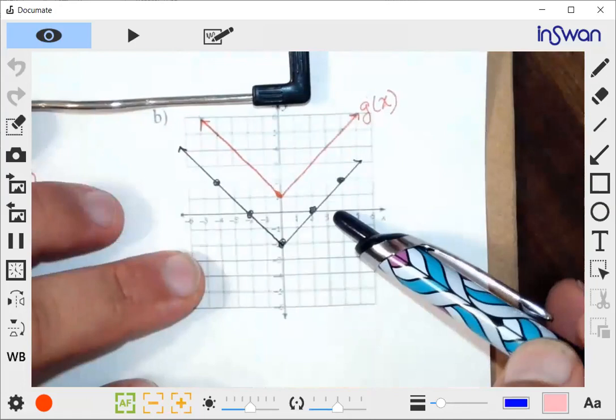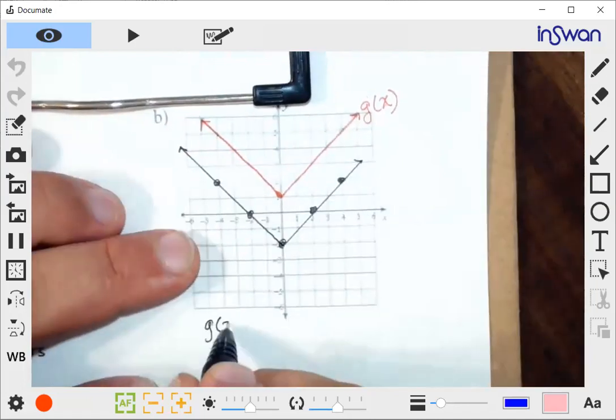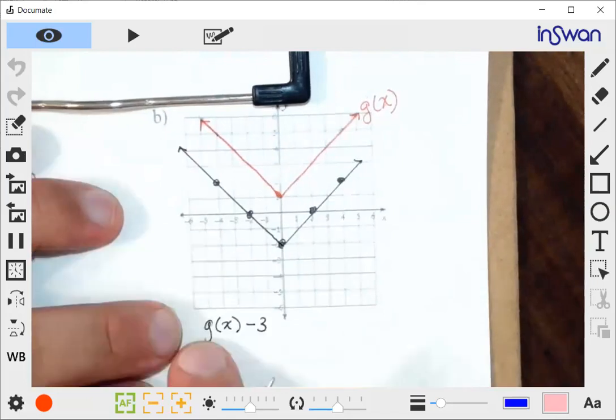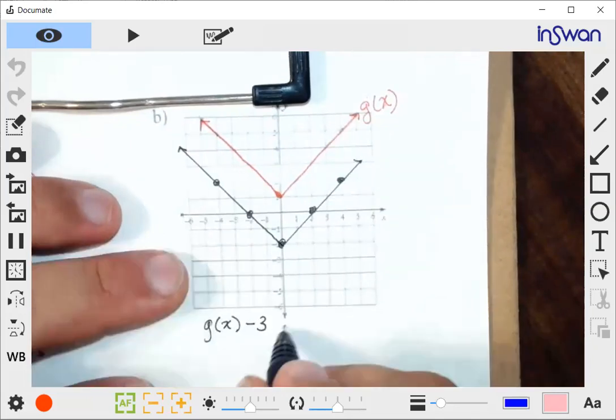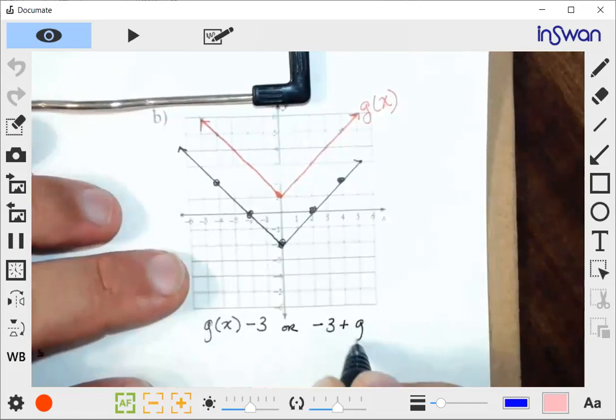But what would be the notation for that? The notation for that would be g of x minus 3, right? That I've taken my entire function g of x and moved it down by 3 units, right? Of course, others may wish to write the down 3 units first, and that's fine.